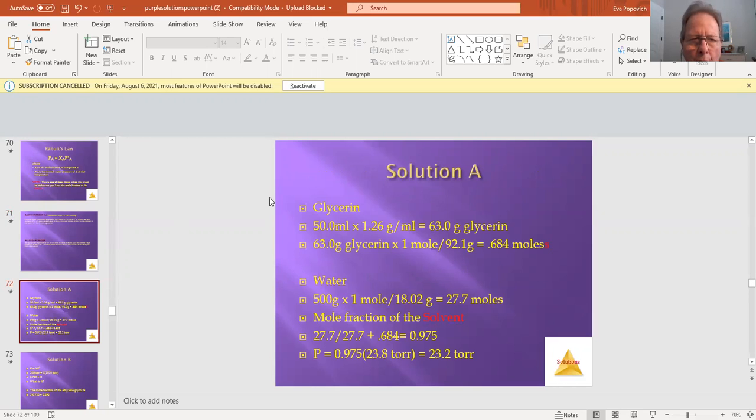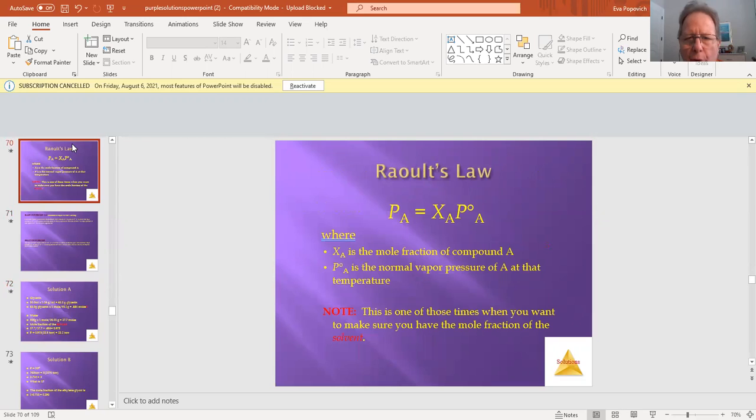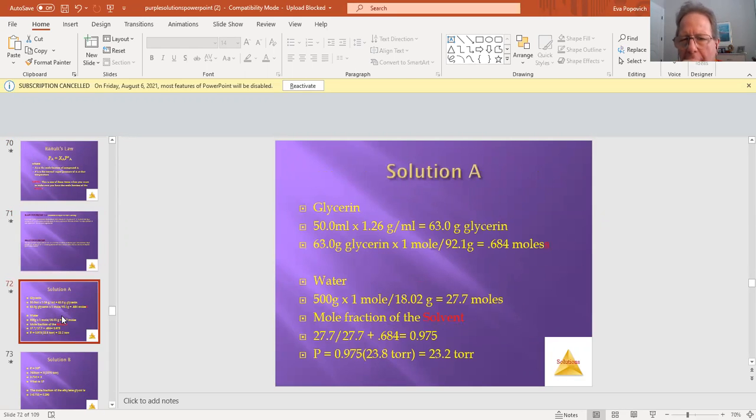Now, remember, when we are doing Raoult's law, we want the mole fraction of the solvent. So we take the solvent moles divided by the solvent plus the solute.